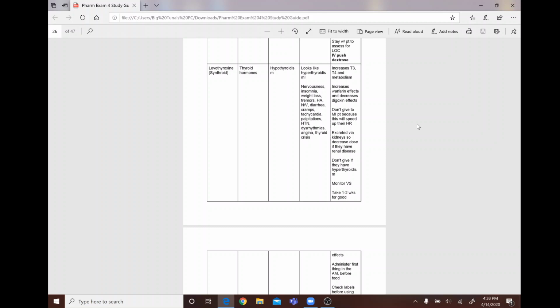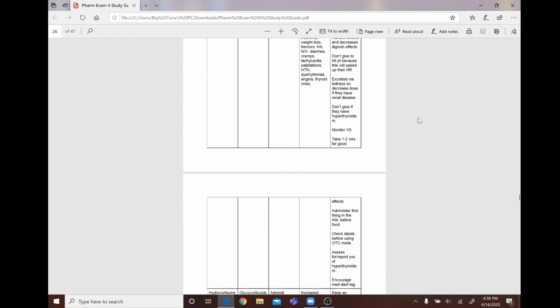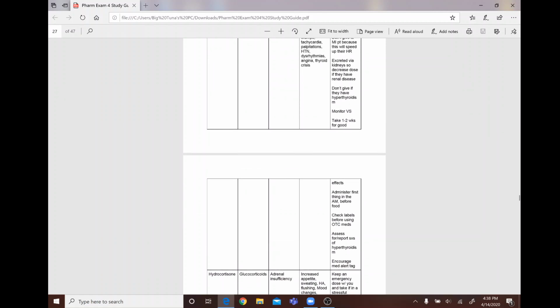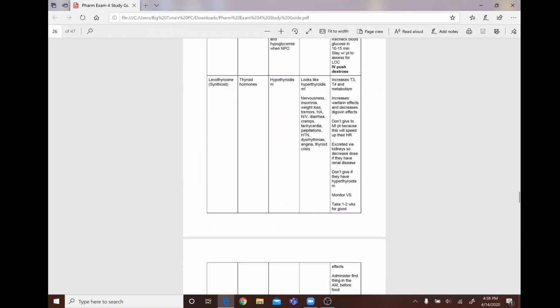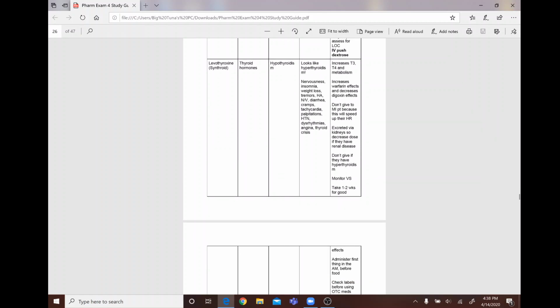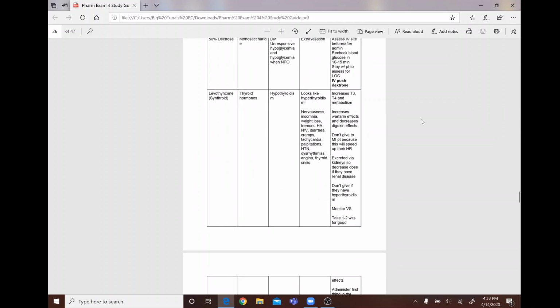What do we need to know about when someone takes levothyroxine? Increases T3, T4, and metabolism.